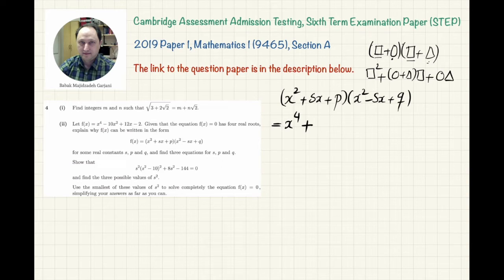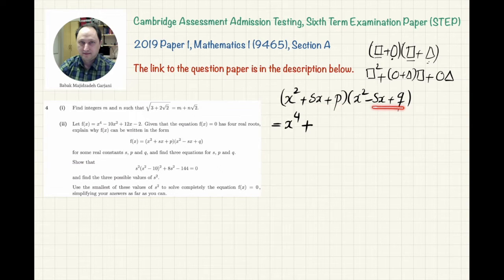I want to use the same thing here. I'm just assuming that this is my box, this is my circle, and this is my triangle. So it becomes the box to the 2, which gives me x to the 4, and then I need to add these two terms together and multiply by the common term.